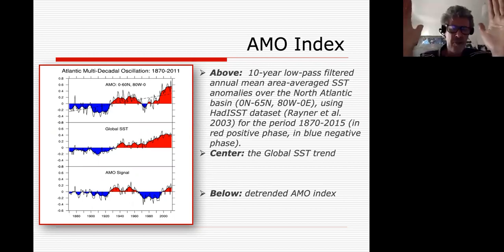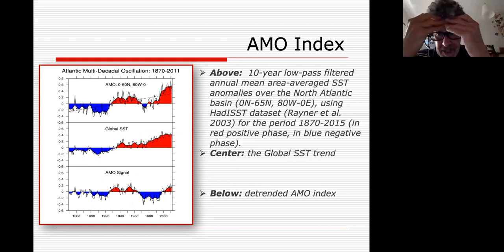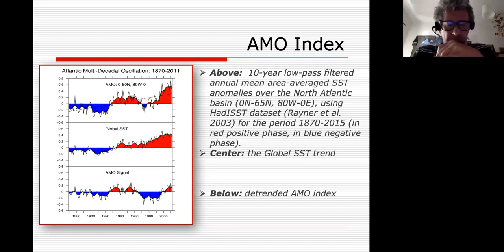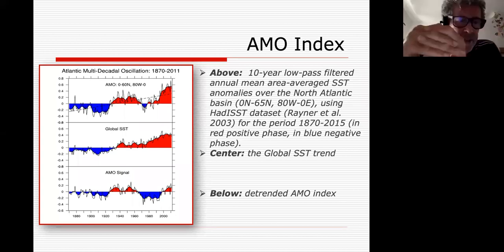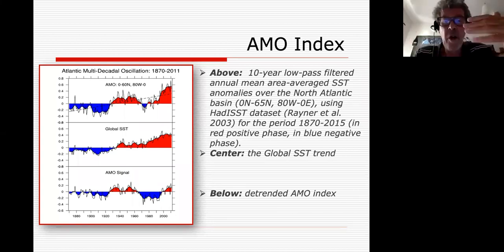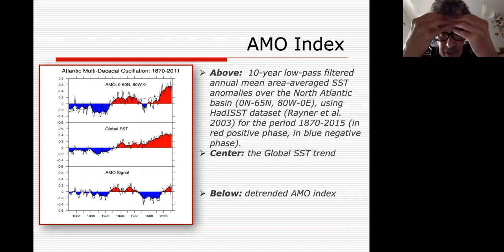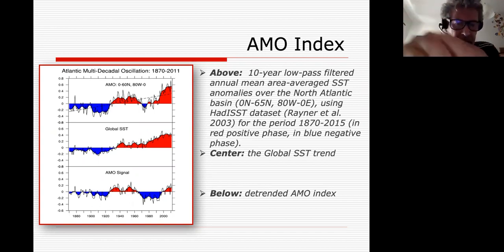So the whole Atlantic here. And in red and in blue, you have low-pass series in order to filter out the interannual random variability. Look at the long-term trend. Red means the positive phase, blue is the negative phase.